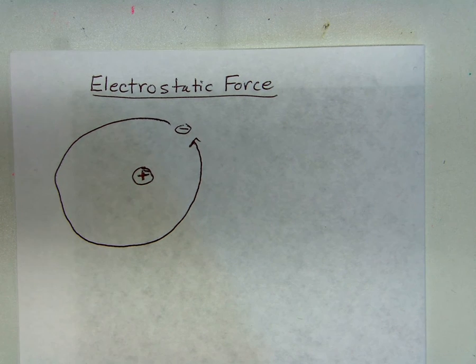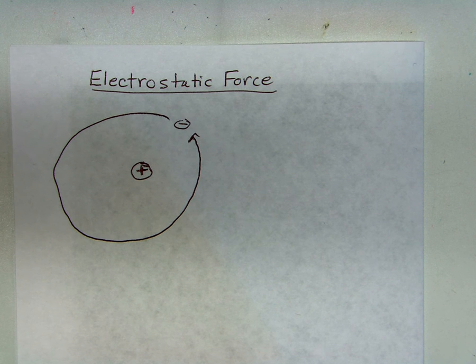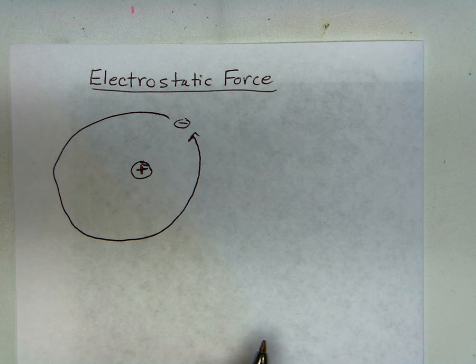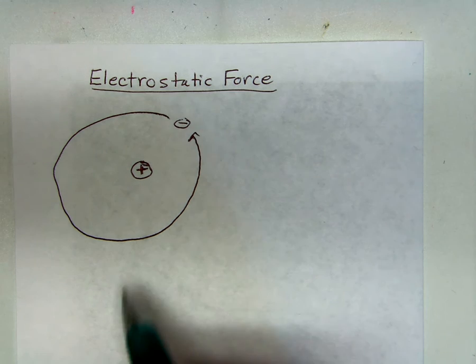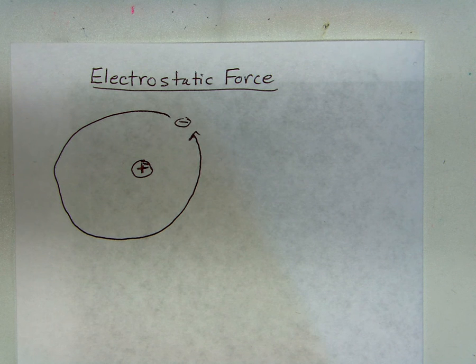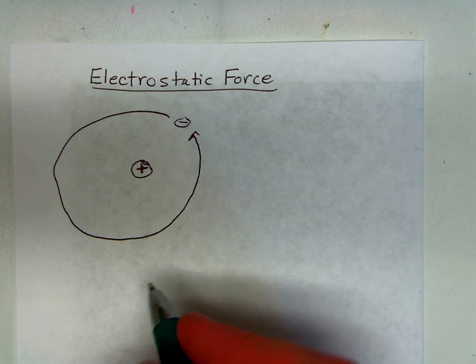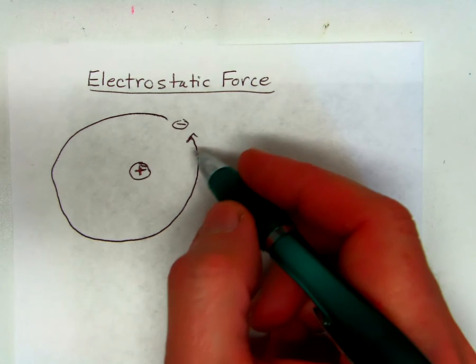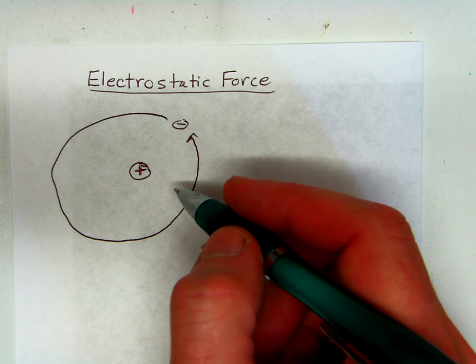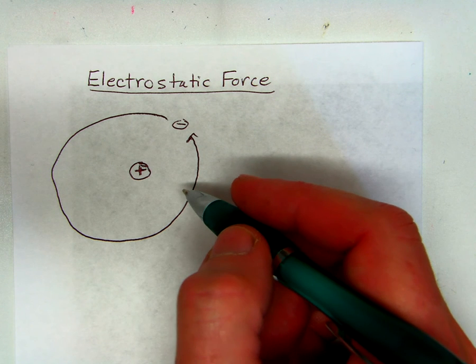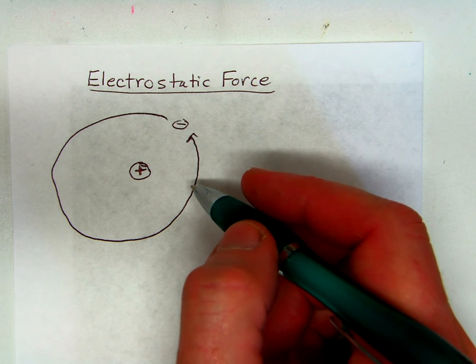Okay, if it's hydrogen, our simplest atom, there's just one proton and one electron. If it's helium, then we've got two protons, two electrons. And as we continue up the periodic table, we keep adding protons and electrons. And each proton and each electron have a specific amount of charge.